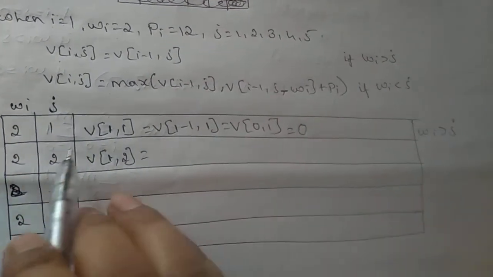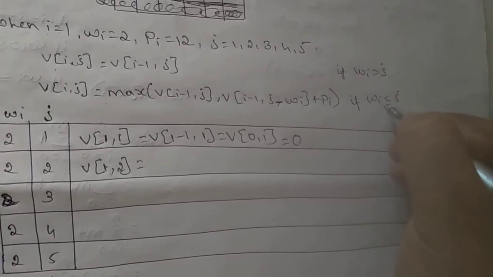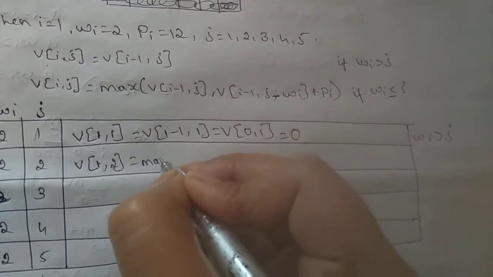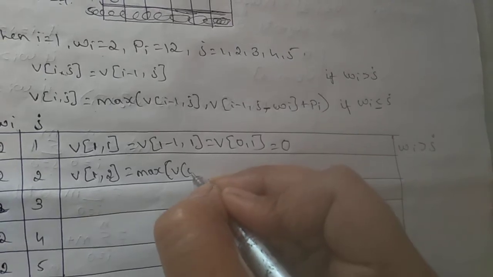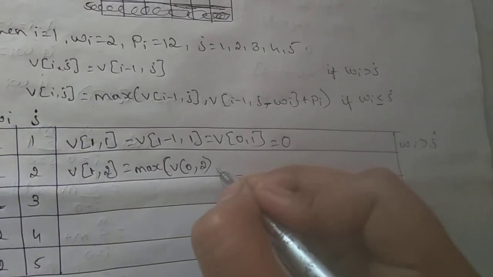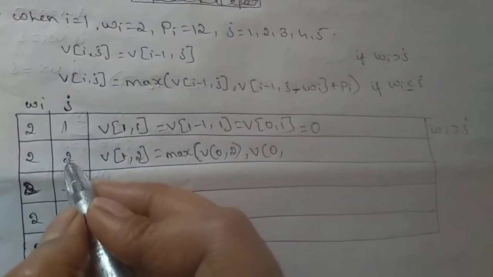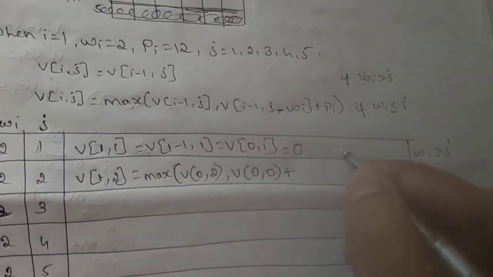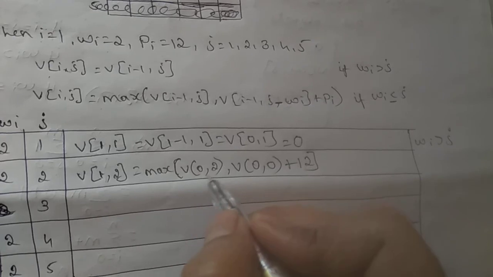V of 1, 2. Here wi is equal to j. If it is less than or equal to j, then we go with this formula: max of V of i minus 1, j and V of i minus 1, j minus wi, plus profit. i minus 1 is 1 minus 1, which is 0, and the j value is 2, so V of 0, 2. Then V of 0, 2 minus 2, that is V of 0, 0, plus the profit, which is 12. Since the i value is 0, this entire thing becomes 0.